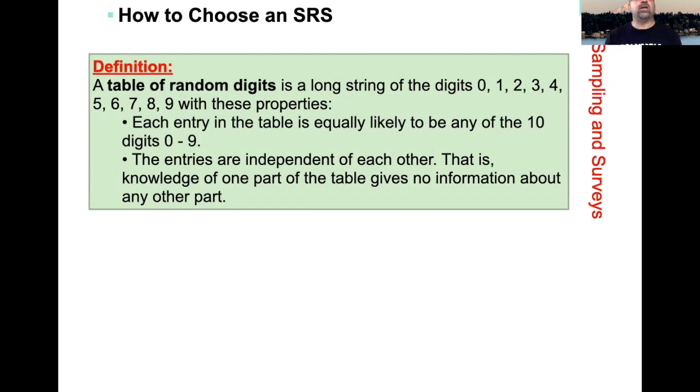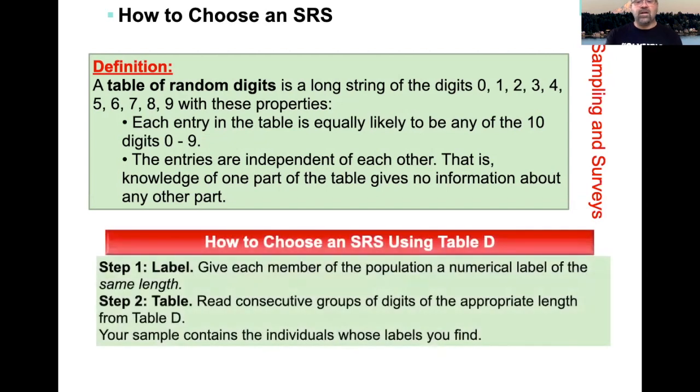If you have 500 people in your study, you do groups of 3. If you have 50 people, you do groups of 2. If you only have 10 people, you just use the single digits 0 through 9. You go across the table once you pick a random starting spot.